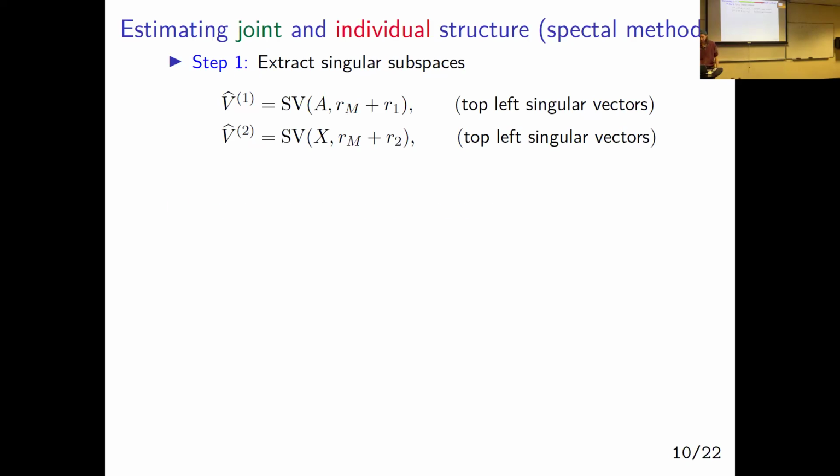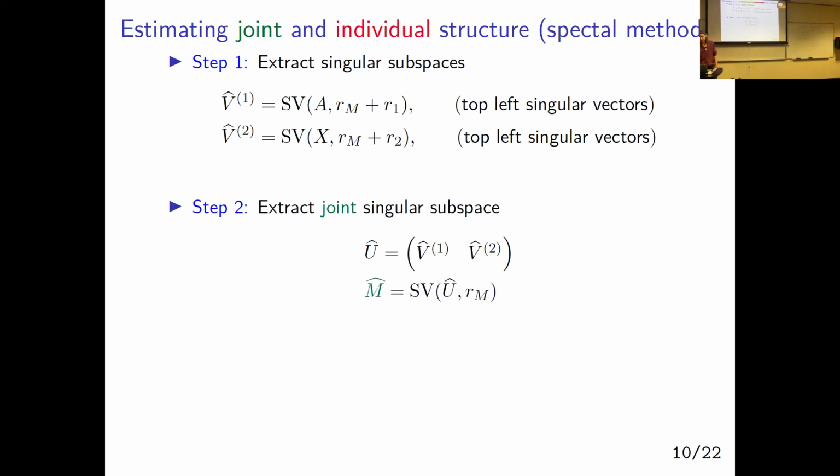Okay. Once you have that, you can extract an estimate for the joint subspace. So you take these two estimates for the singular spaces of the data and concatenate them.